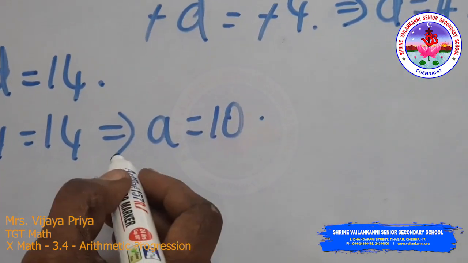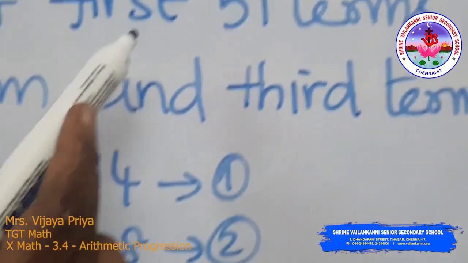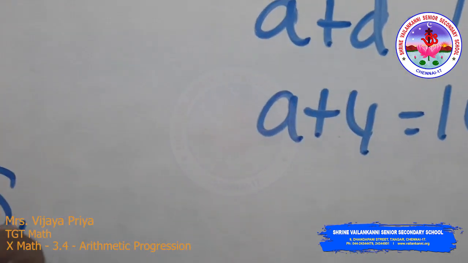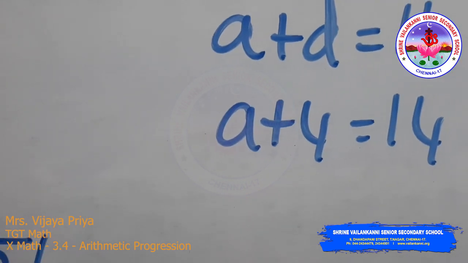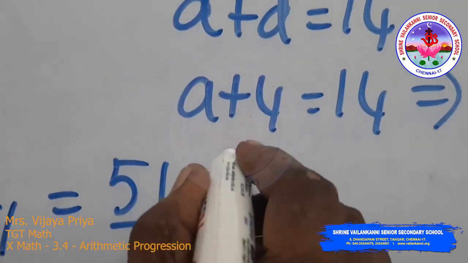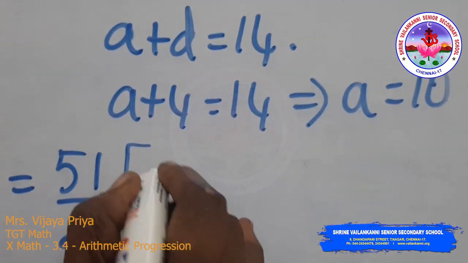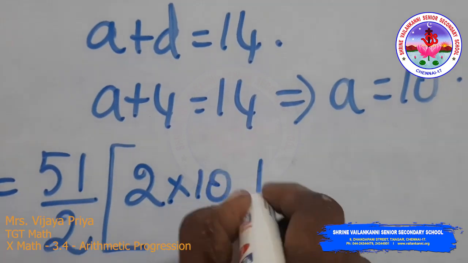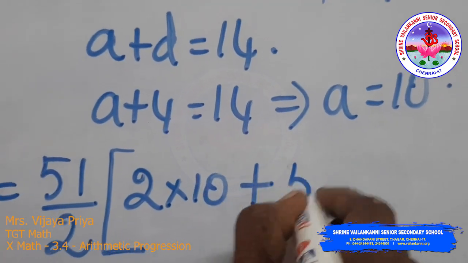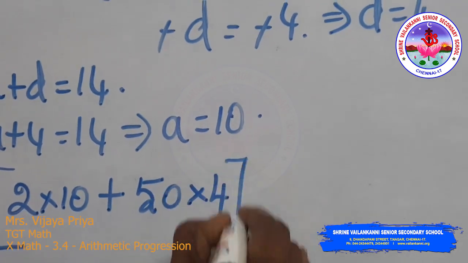So I am going to substitute this a and d in my S51. S51 is equal to 51 by 2, where n is equal to 51. So here 2a, so 2 into 10 plus (n minus 1, which is 51 minus 1, 50) into my d value, which is 4.